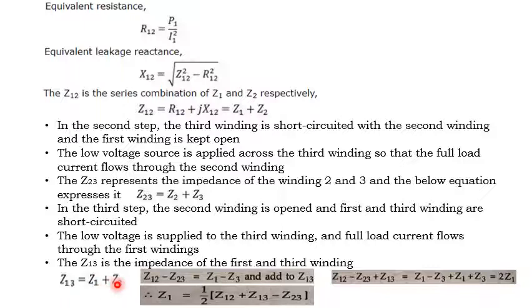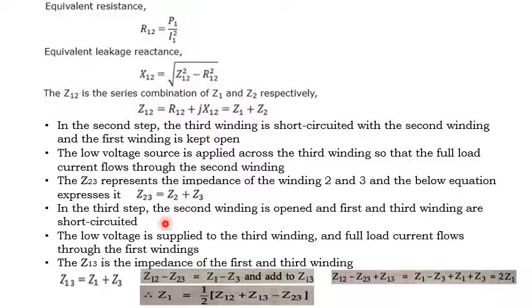So here you know all the three cases. If first and second windings are short circuited, the impedance is Z12, which is Z1 plus Z2. If second and third windings are short circuited, the impedance is Z23, which is Z2 plus Z3. If first and third windings are short circuited, the impedance is Z13 equals Z1 plus Z3.